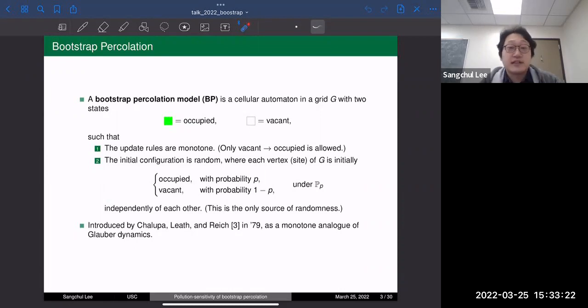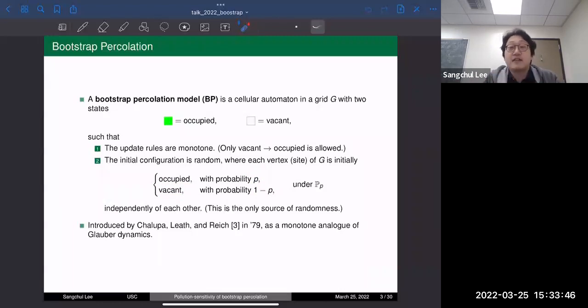Usually each vertex, also called a site of the grid G, is initially occupied with probability p and vacant with probability 1 minus p, independently of all the other sites. This is the only source of randomness. After the initial configuration is given, the update is deterministic.